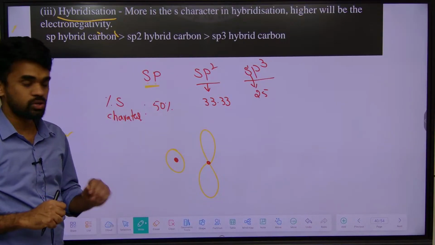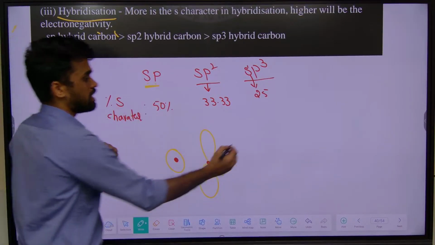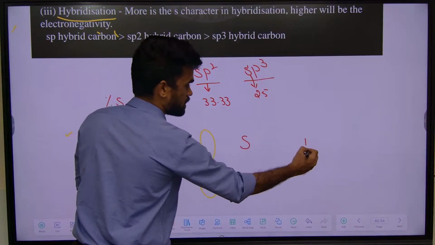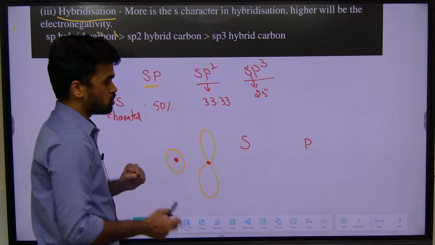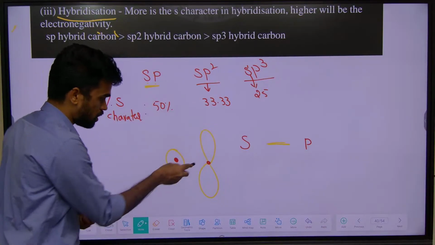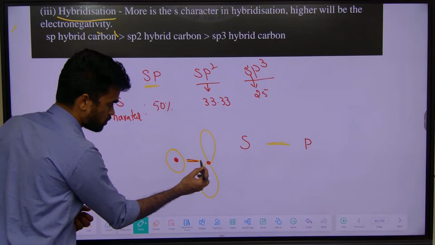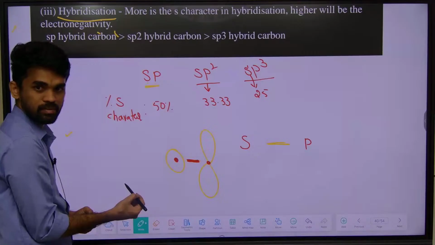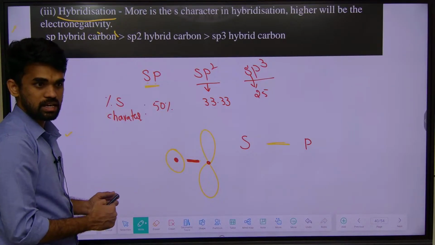So when one side has more s character and the other side more p character, the bonded electrons are dragged to which side? The s orbital side.